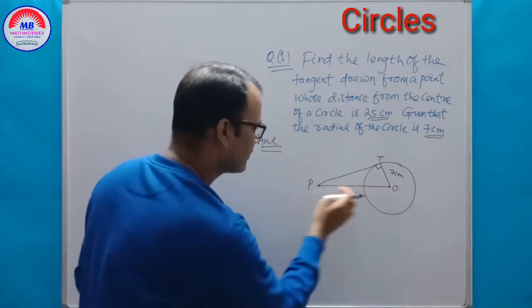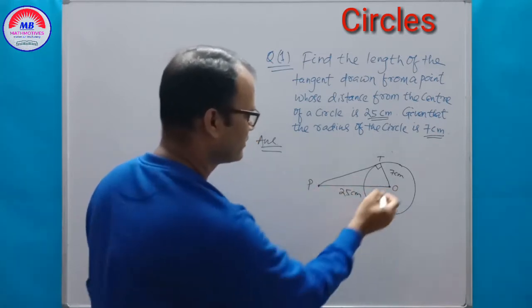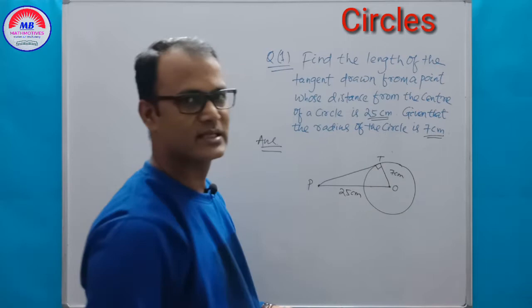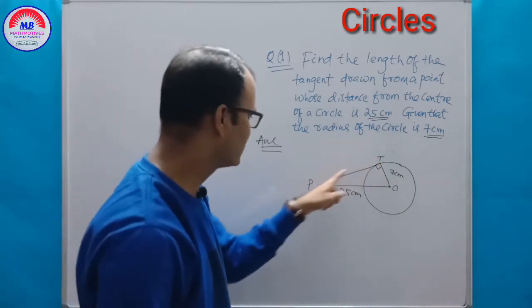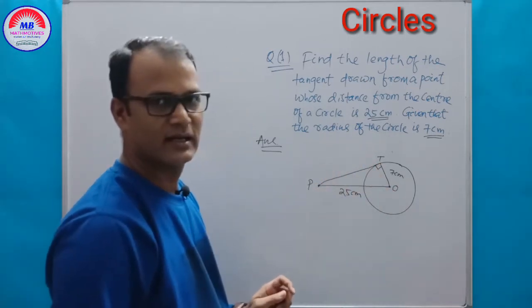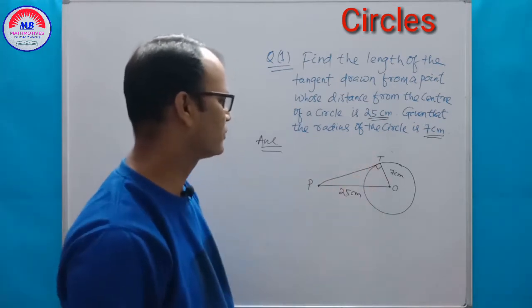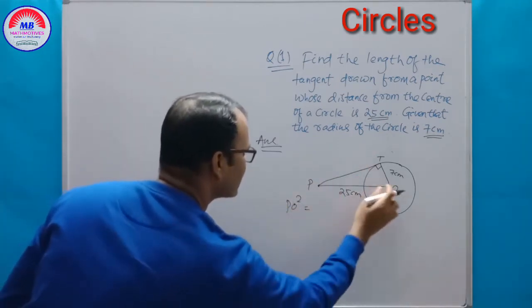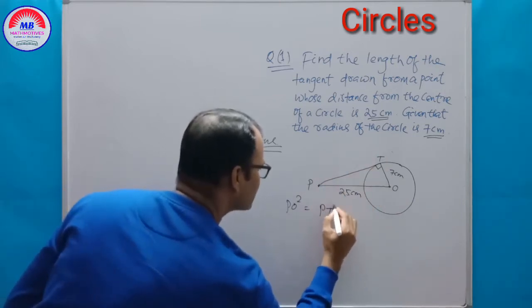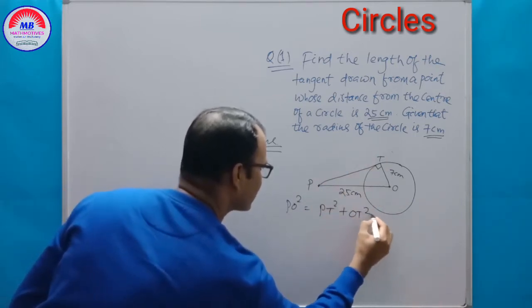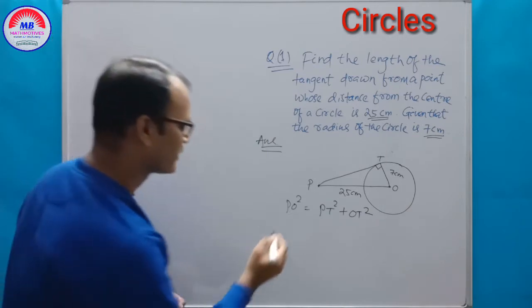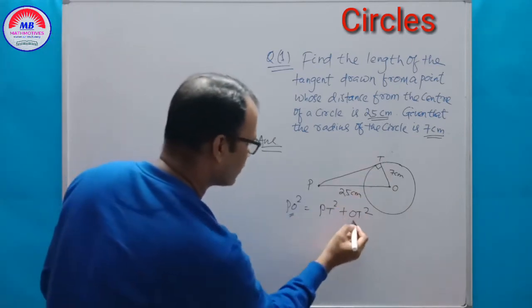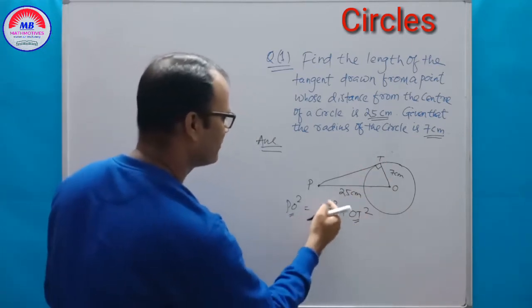PO is 25 cm, and radius OT is 7 cm. Now you see it is a right angle triangle. So in the right angle triangle, PO square is equal to PT square plus OT square. PO is given, OT is given, so you have to find PT.